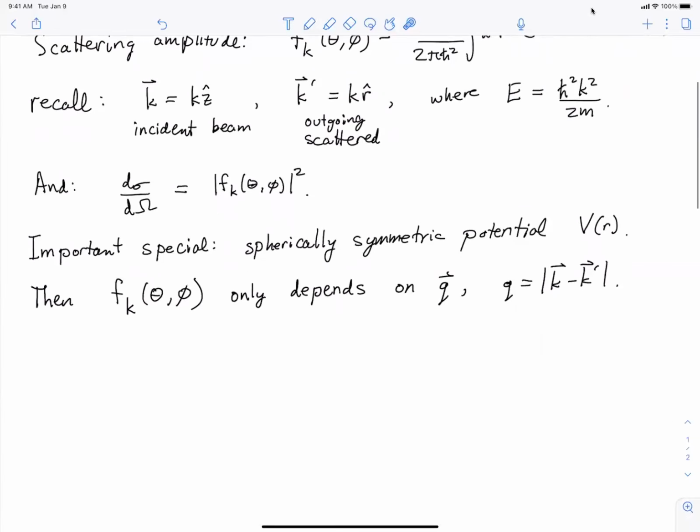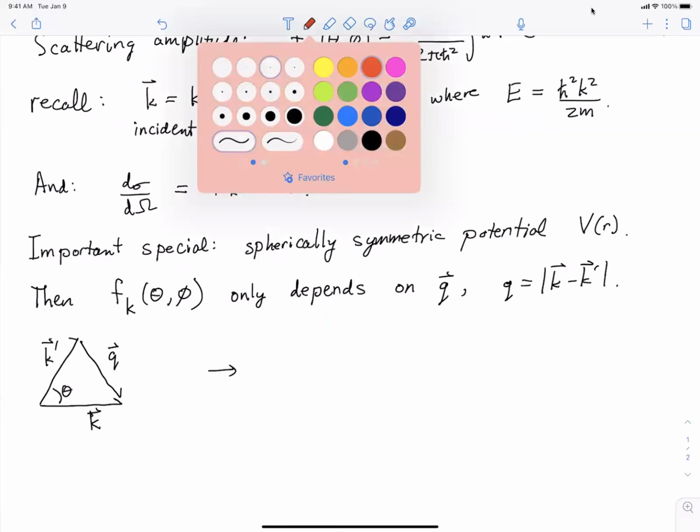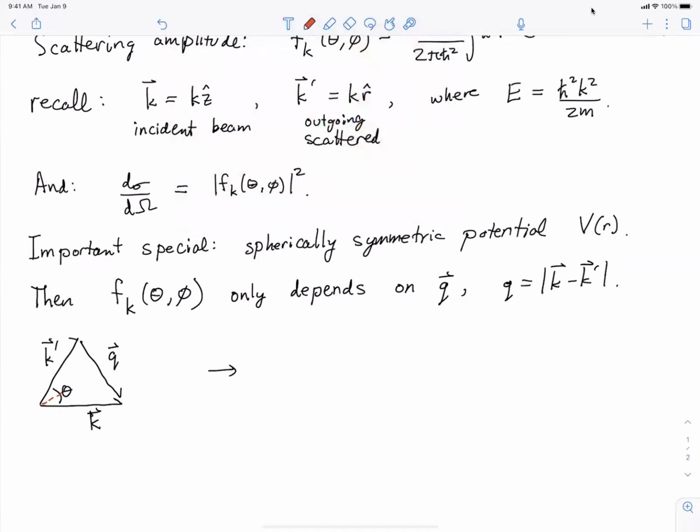Okay, and that q, let's draw a picture of what these vectors look like. There's k, let's say, and there's k prime in the radial direction. And so q is this vector. And if we call that scattering angle theta, then we can draw a perpendicular line from this point perpendicular to the q line.